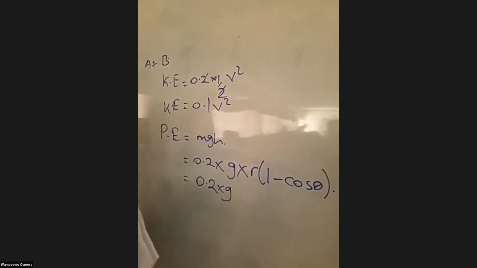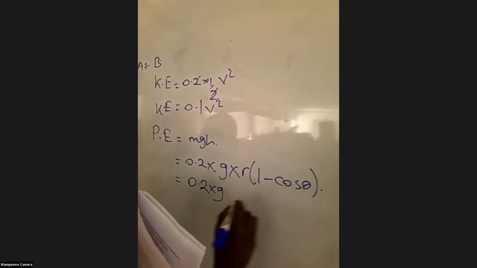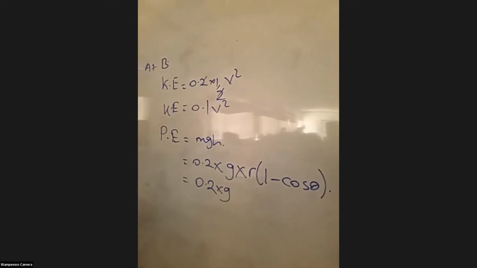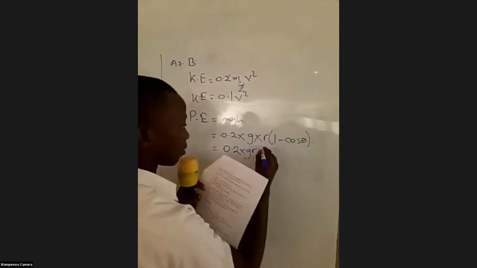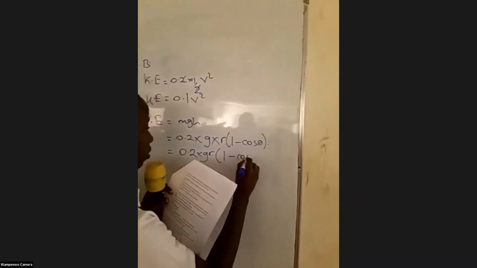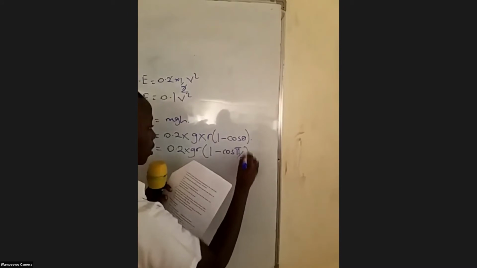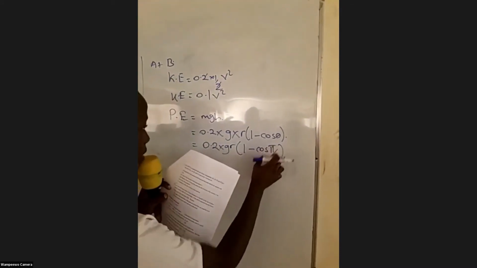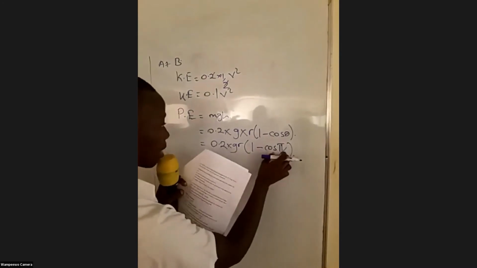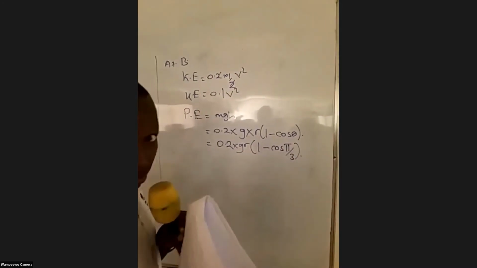Remember we had got our angle as pi/3, so we put it here: 1 minus cos pi/3, which is the same as 60 degrees, and cos of 60 degrees is a half. 1 minus a half, I'm going to remain with a half.